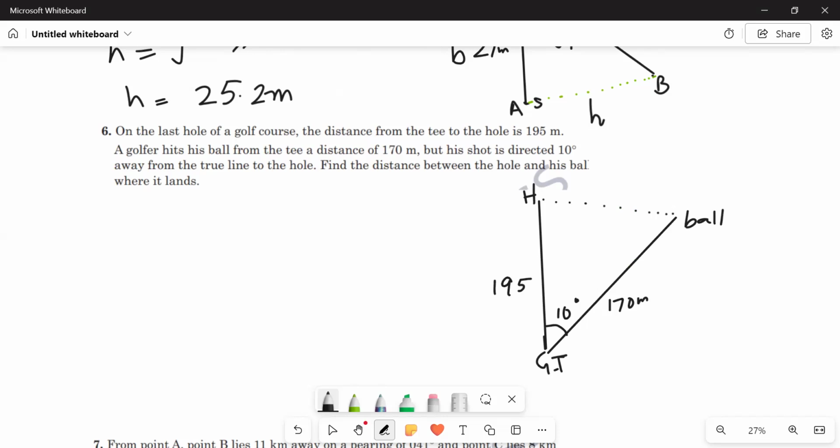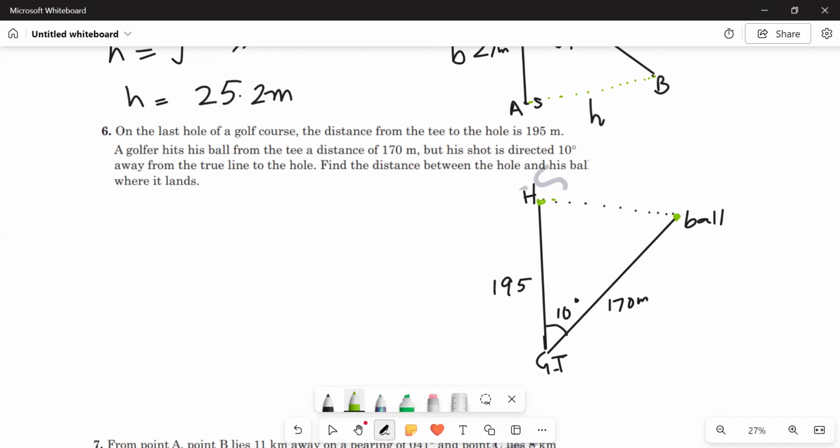Okay, T means where he is standing, this golfer stands at this position, and he is using the tee for hitting the ball, and he hit the ball 170 meter, with the angle of 10 degree, and now the ball is at this position, and here is the hole, and we have to find the distance between the hole and the ball.